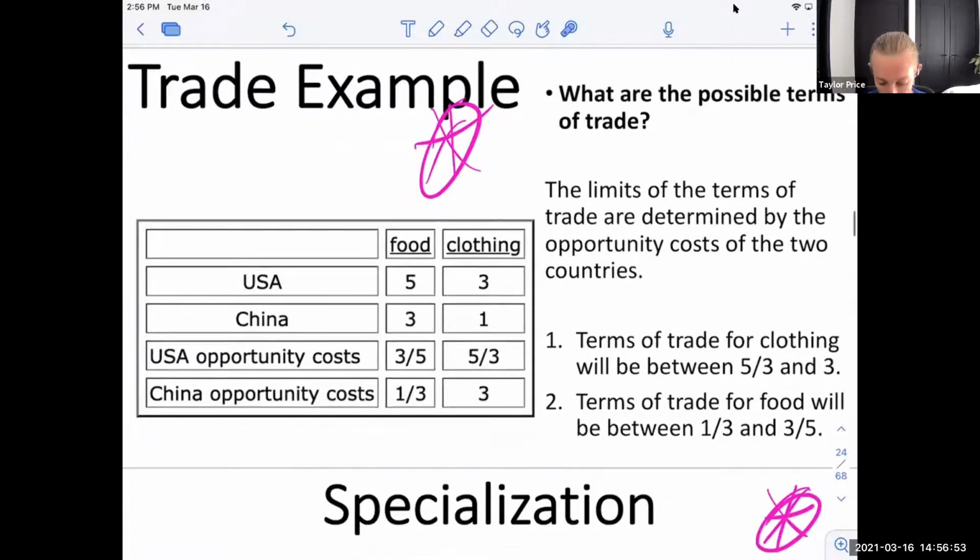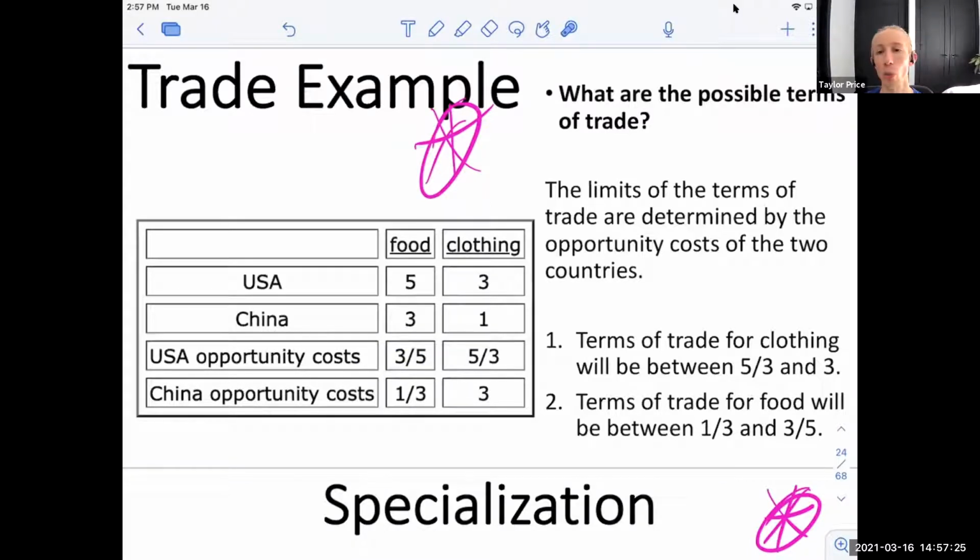All we need to do is take a look at the opportunity costs. So for example, for clothing, the terms of trade for both countries to benefit is going to have to be between 5/3 and 3. And for food, it's going to have to be between 1/3, which is China's opportunity cost of food, and 3/5, which is the US's opportunity cost for food.